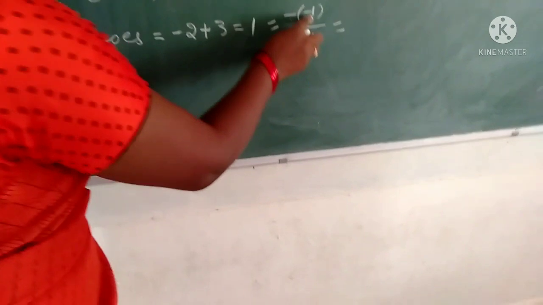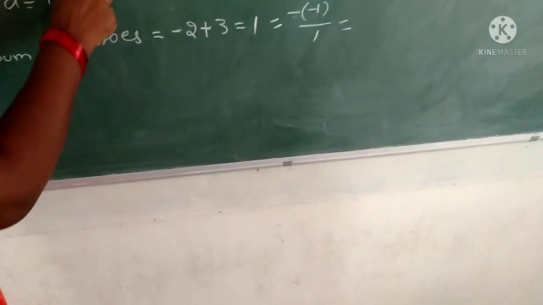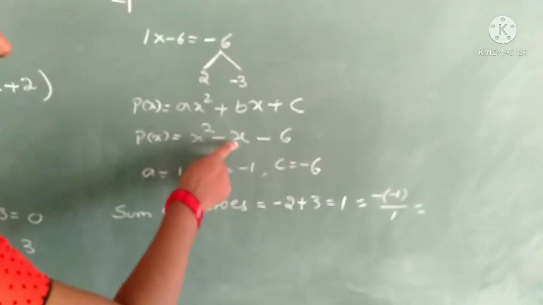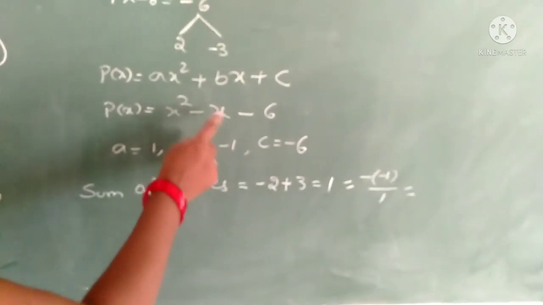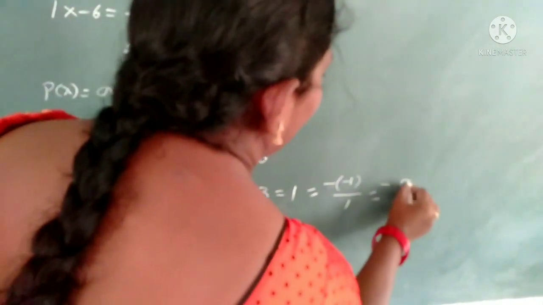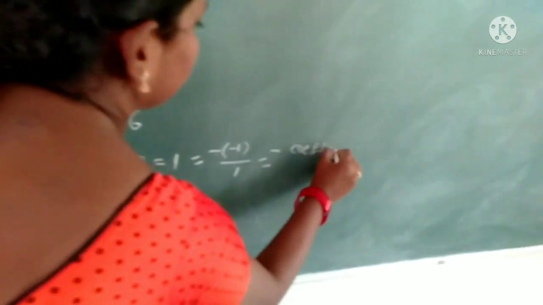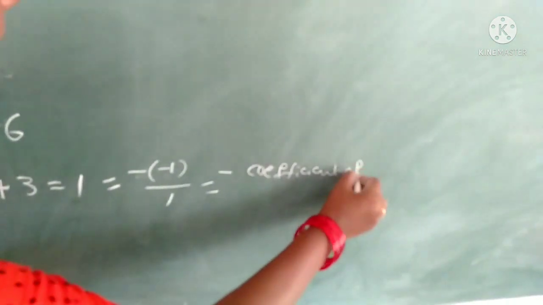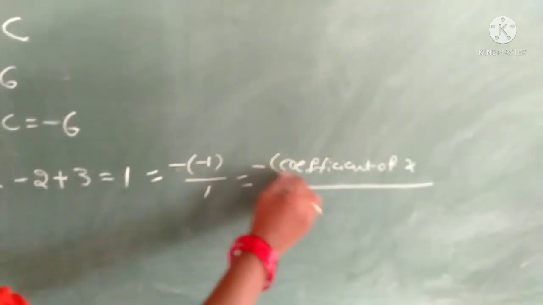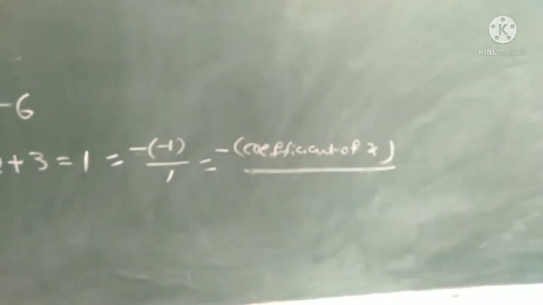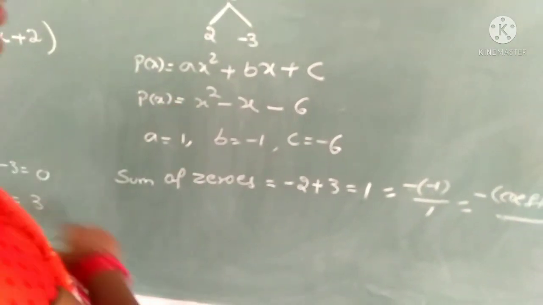Next, what is minus 1? Minus 1 is the coefficient of x, and 1 is the coefficient of x square.